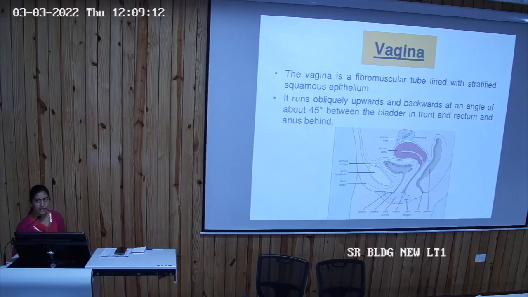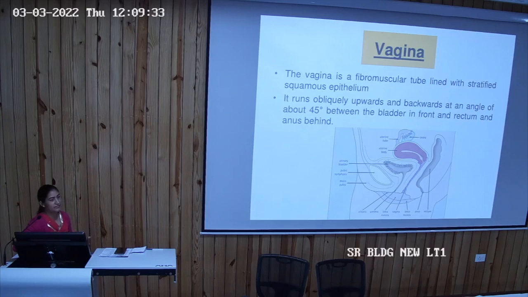So what is the vagina? It is a fibromuscular tube which is lined with a stratified squamous epithelium. So this region is lined by the stratified squamous epithelium. Why is the lining stratified? There is functional importance: it is stratified because wear and tear keeps occurring here.